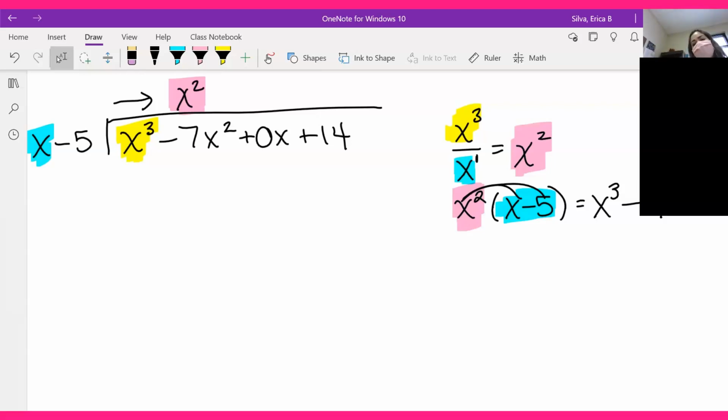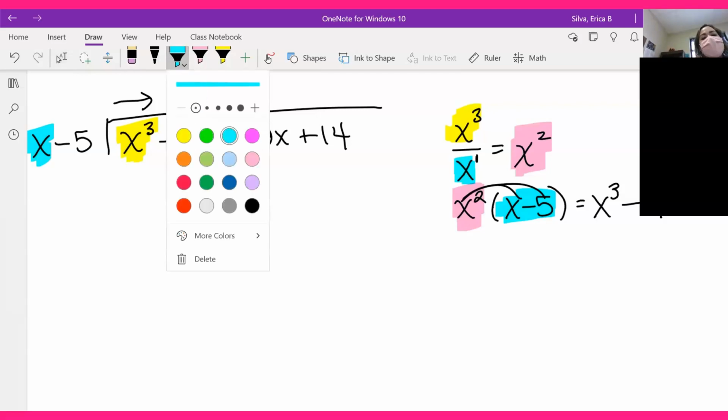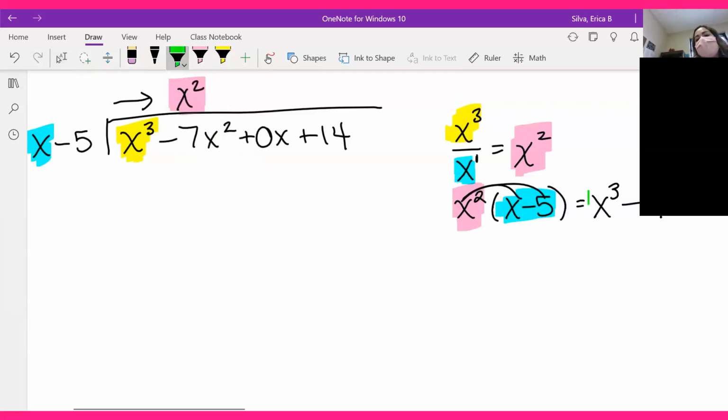All right, here we go. Now that we have that one, we're going to grab it. Oh, sorry, I should do it in pink. And we're going to write it underneath these two terms, x cubed minus 5x squared.